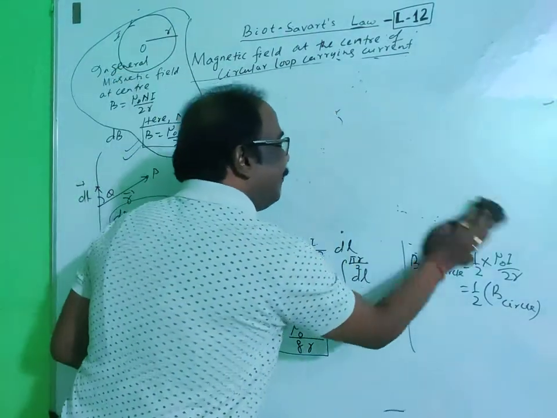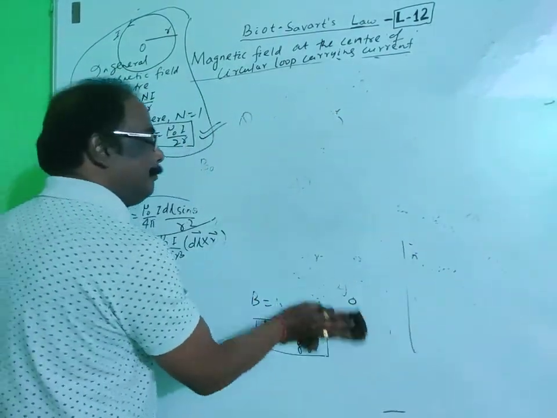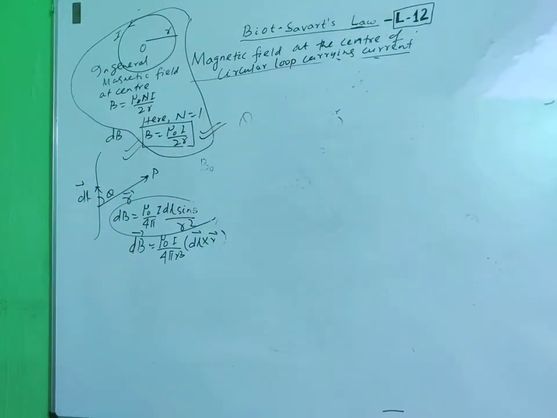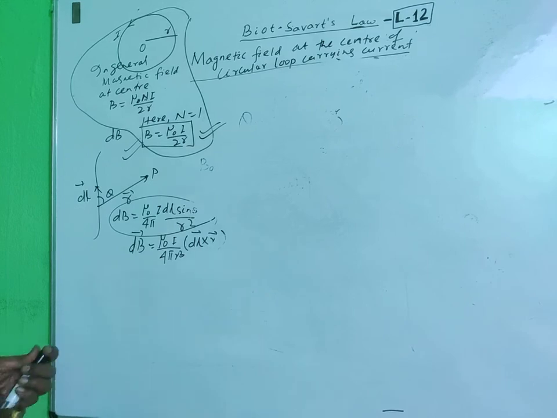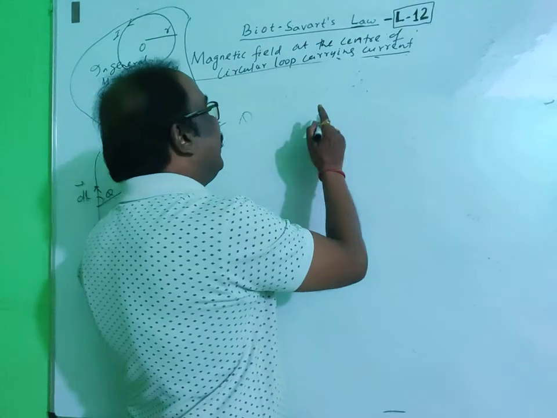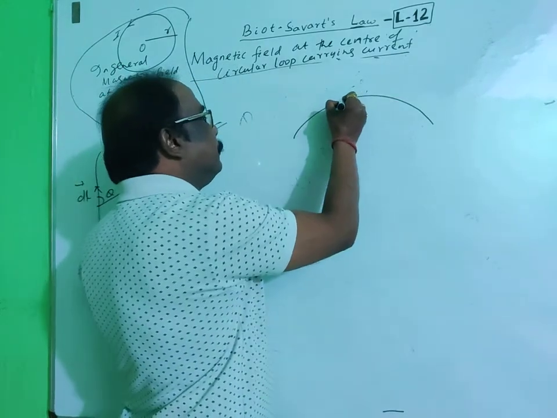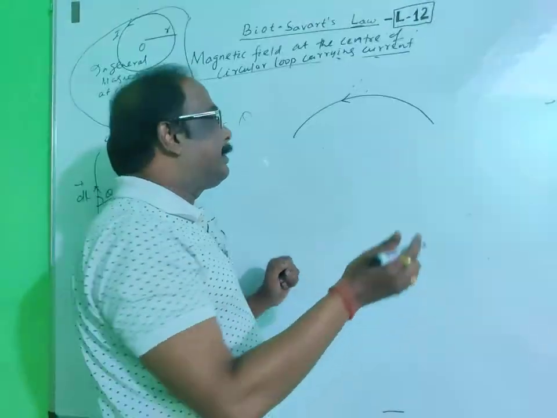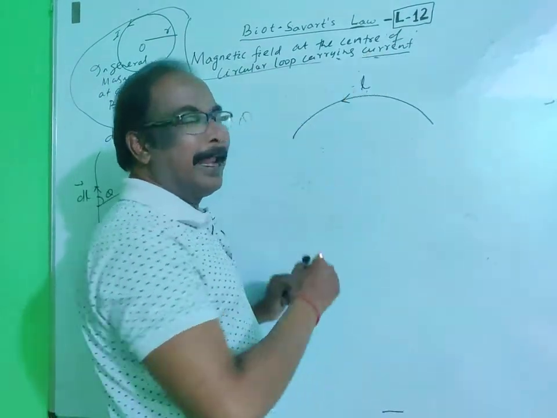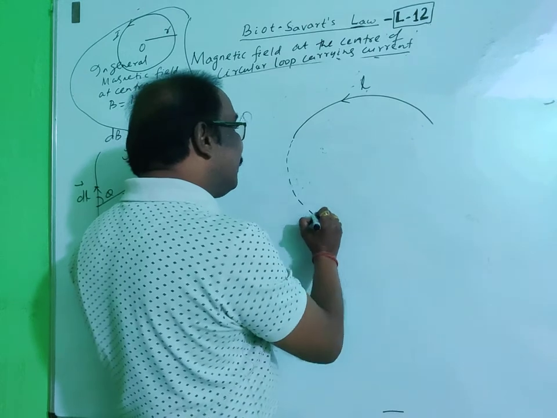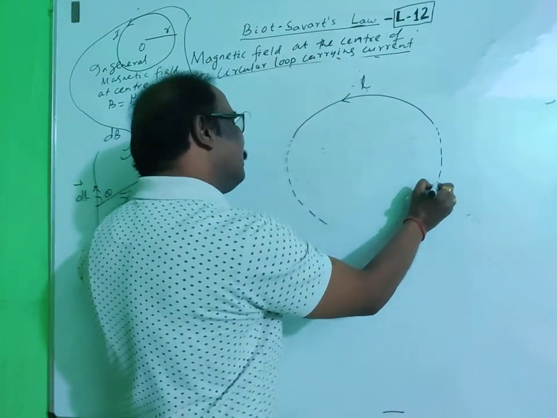You may take an arc subtending an angle theta about the center. Let's consider this is an arc. We don't know what its length is. Let's say its length is L. Then this is part of a circle.